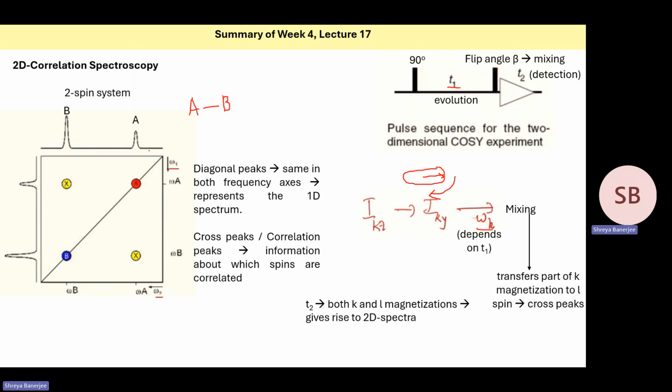Now, diagonal peaks are on this diagonal line that is shown. Whatever peak is on the diagonal line is the same in both the X and Y axis. You can see this small peak, which is the peak for A.